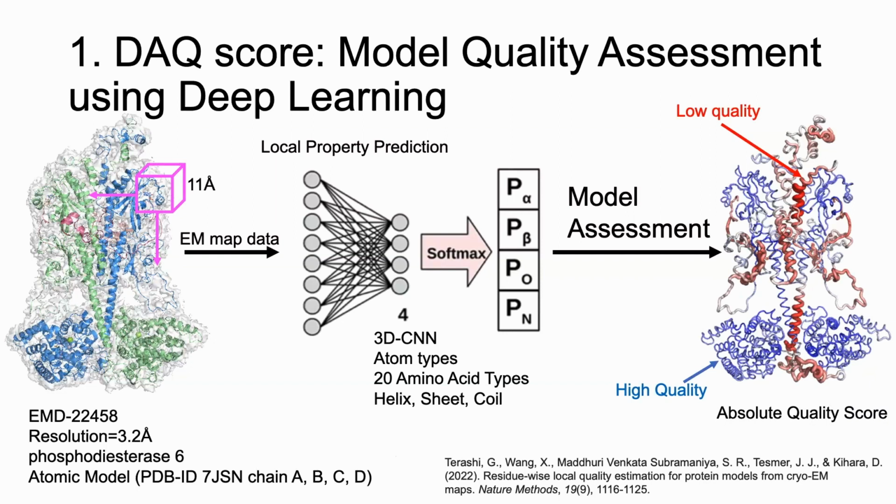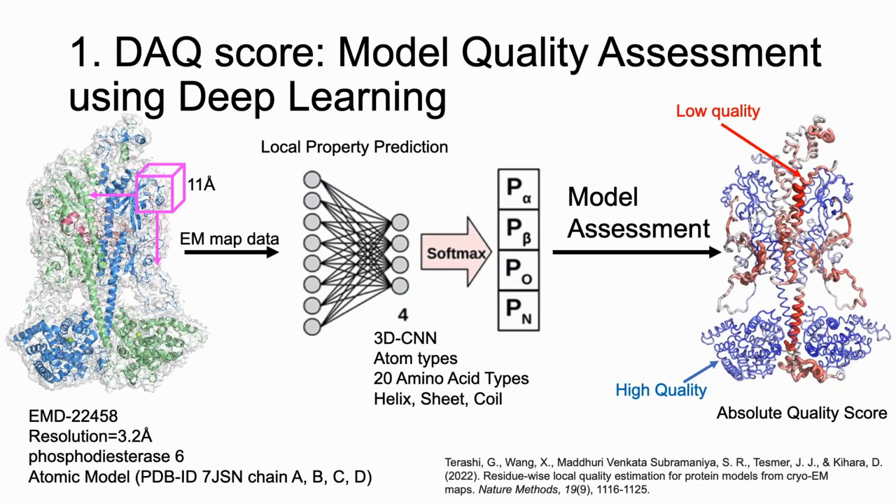It computes probability values for atom type, amino acid type, and helix, beta, coil secondary structure. Then we compare the deep learning-based prediction with the actual atomic model. If the model has high agreement with the predicted local features, the model is very accurate. If it does not agree, it is highly possible that the atomic model is not accurate.